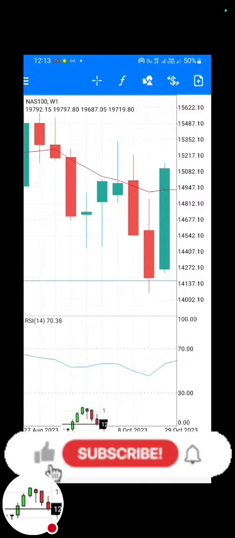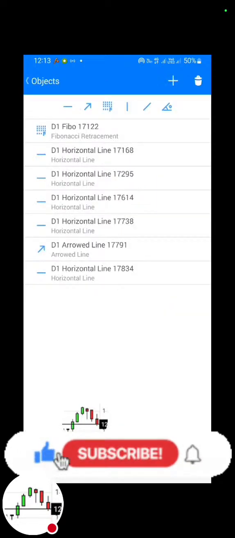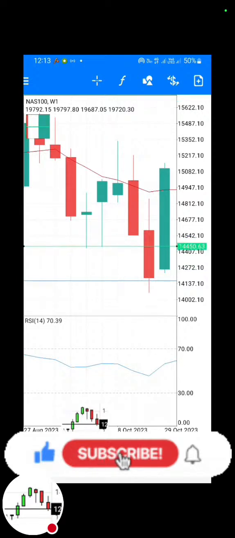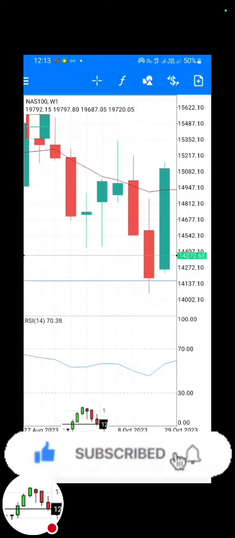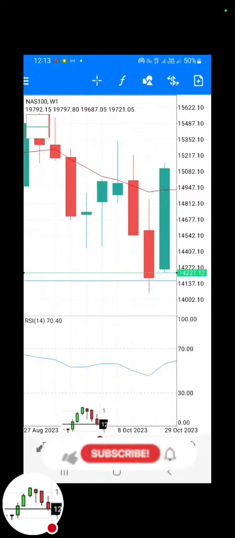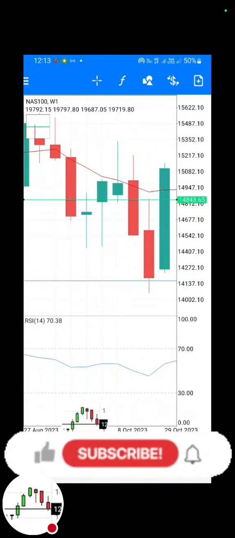What is a bullish engulfing candlestick? A bullish engulfing candlestick is when the red candlestick is smaller than the green candlestick. In other words, the green candlestick is bigger than the red candlestick.